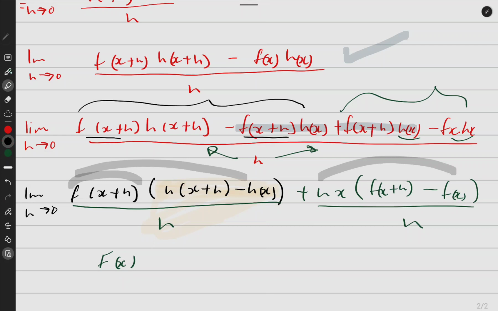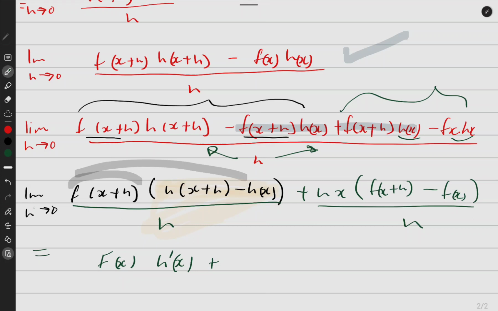This is going to be the same as the derivative of h of x. And plus, let's come back here. I'm using the limit law that says the limit of the product is the product of the limits. That's why I'm doing this, but I'm just skipping a step because I assume by now you can do that. I'm just showing you how to do it.